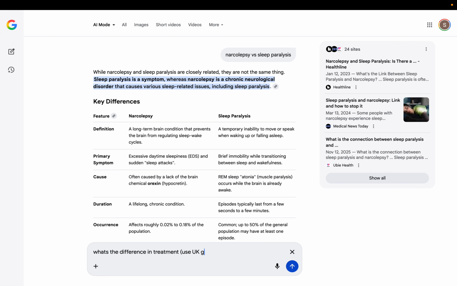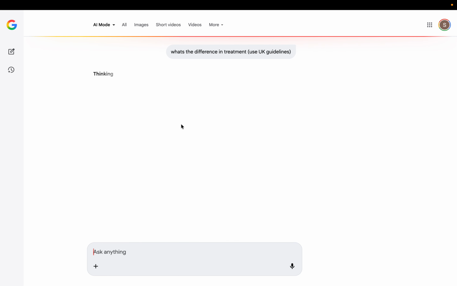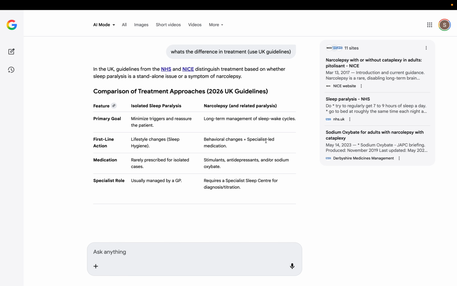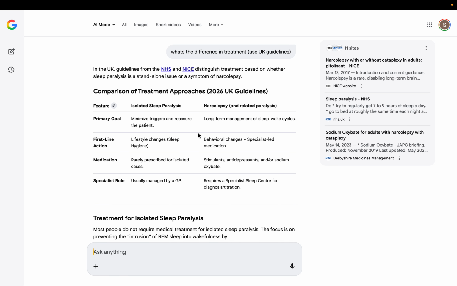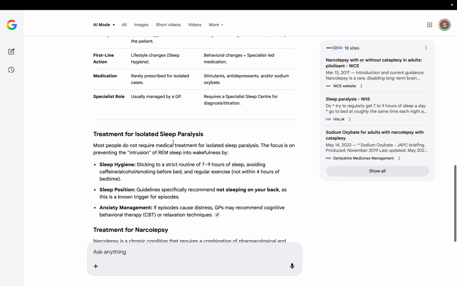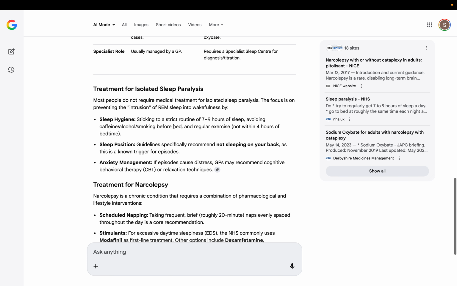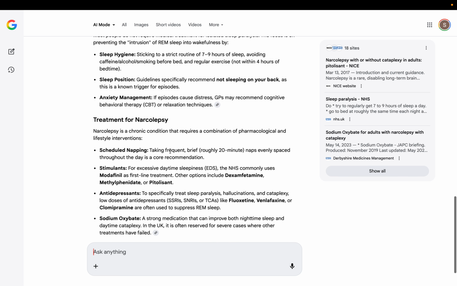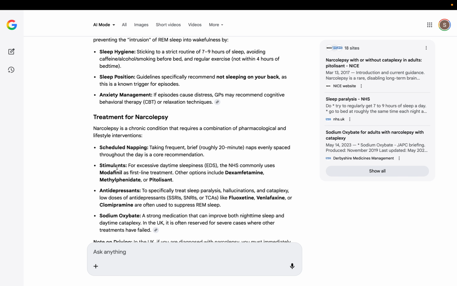Use UK guidelines. Sleep hygiene, anxiety management, but narcolepsy is a chronic condition and it needs stimulants and oxybate.